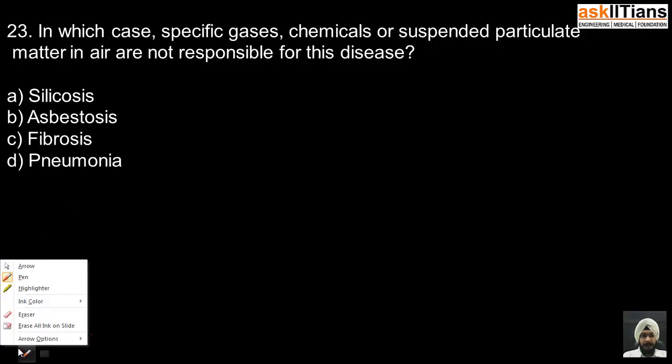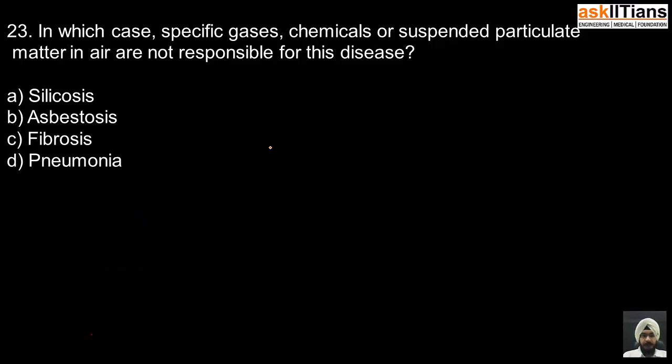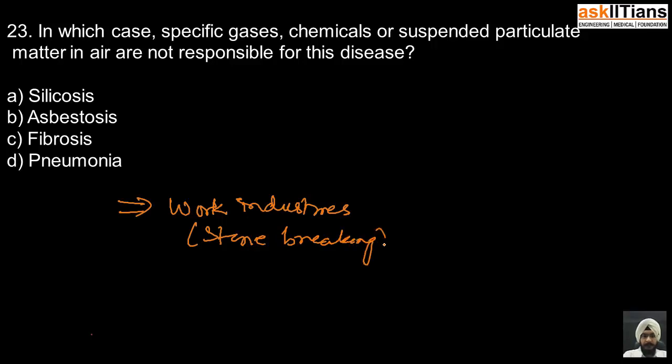As I discussed previously, these specific gases, chemicals, suspended particulate matter in air are mainly produced in work industries like stone breaking, and these can lead to diseases like silicosis, asbestosis, as well as fibrosis.